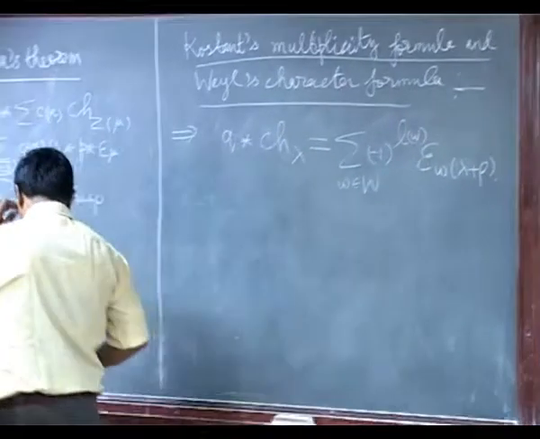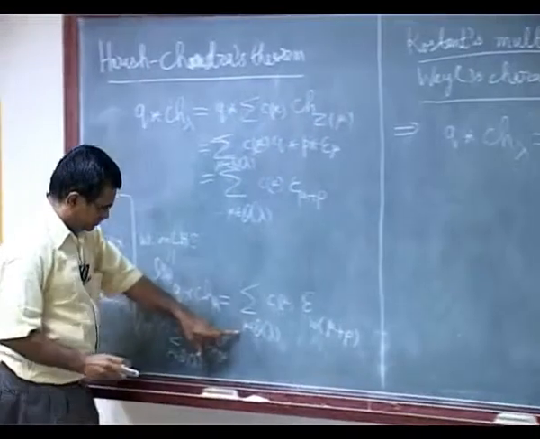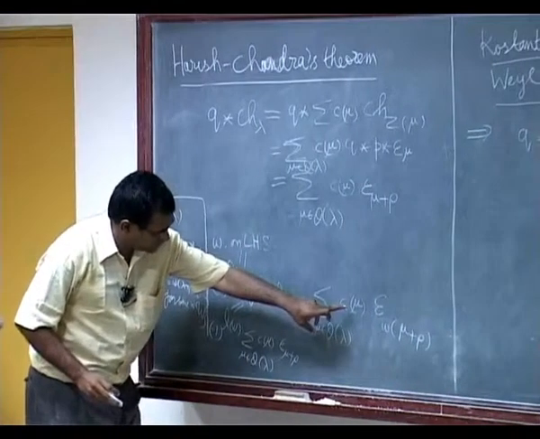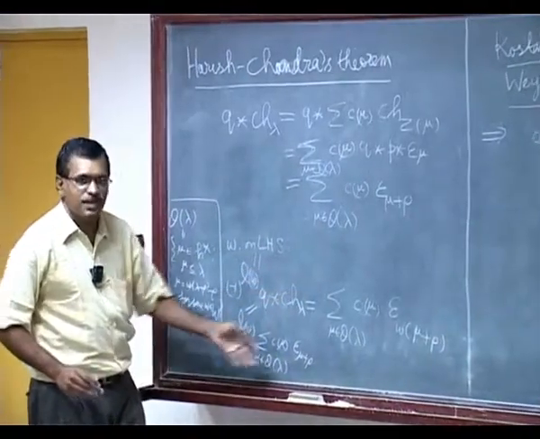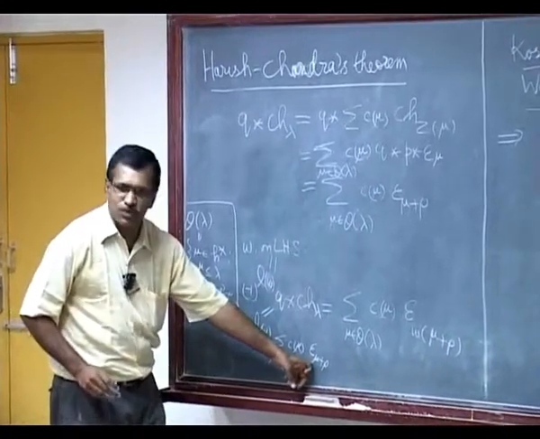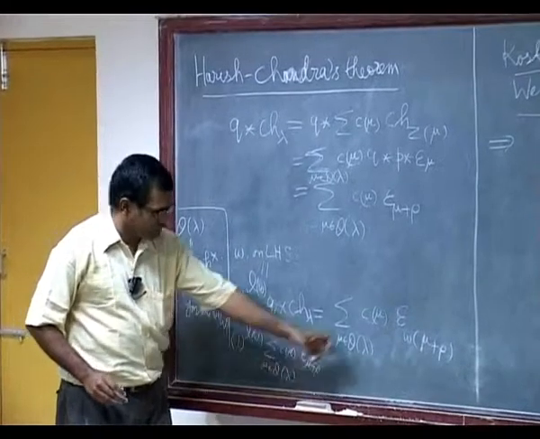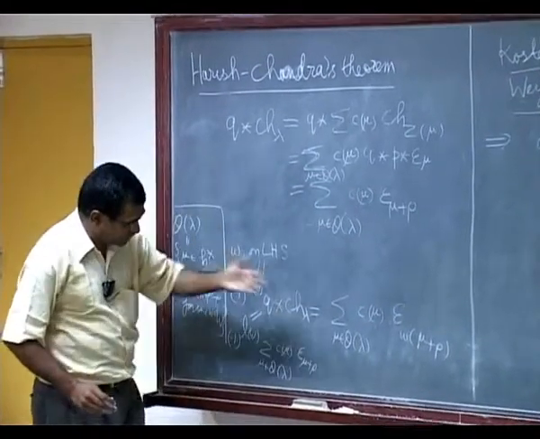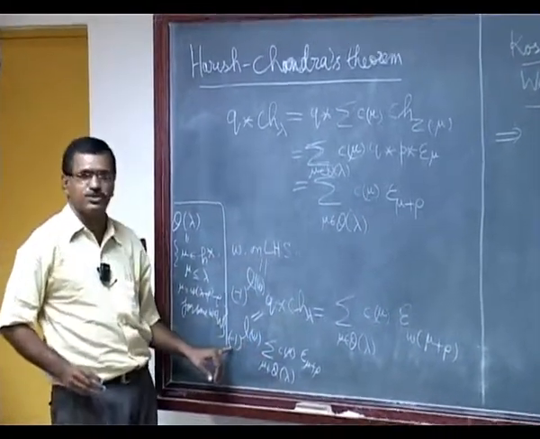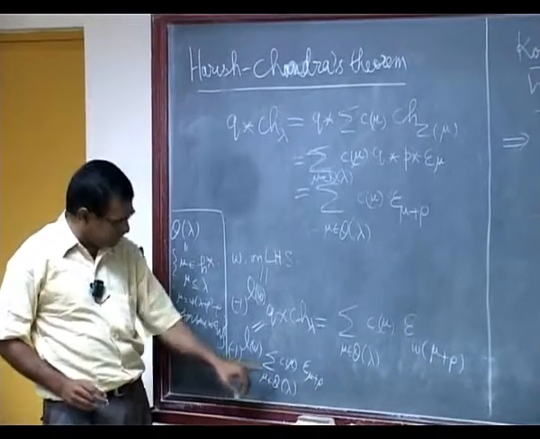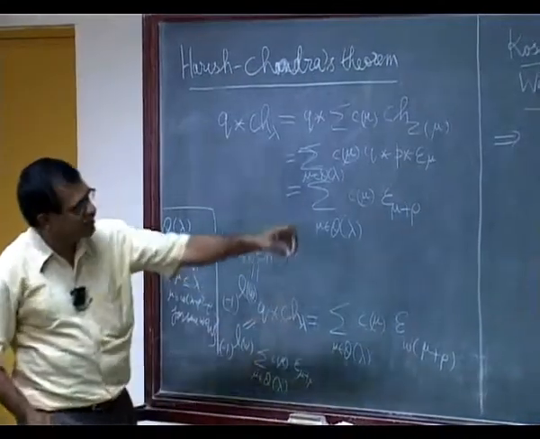The reason is because for any mu, first I look at the coefficient of C lambda on both sides. I mean the epsilon lambda plus rho. Epsilon lambda plus rho here will be 1, but when you do W inverse, this becomes minus 1 to the power length W times 1. So, that is why I get the signature there.